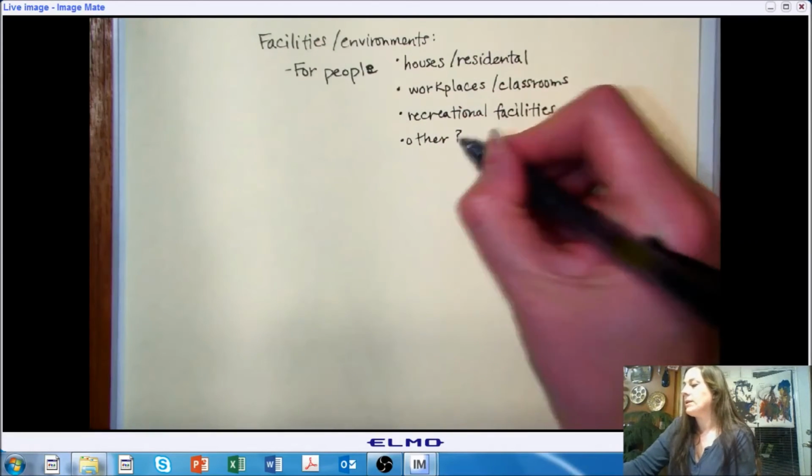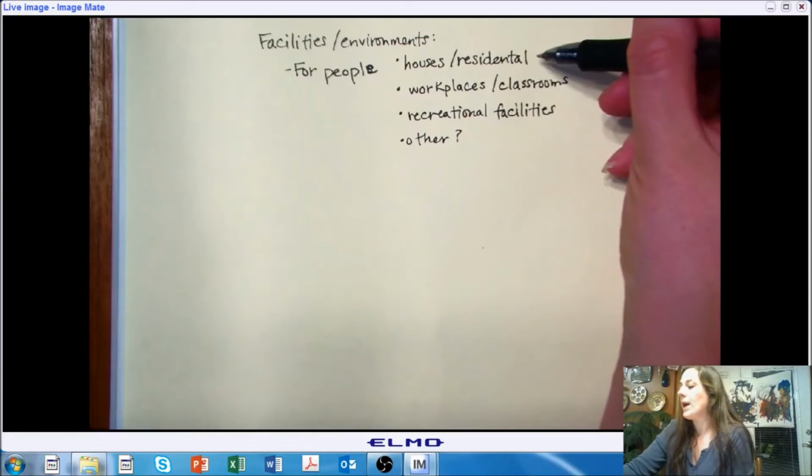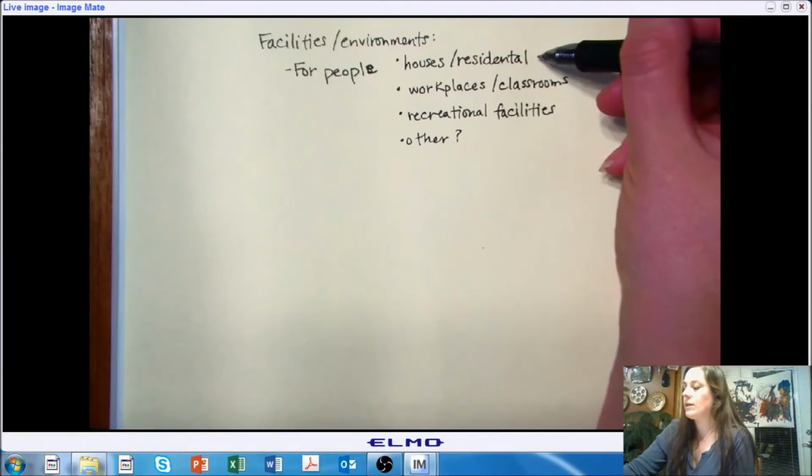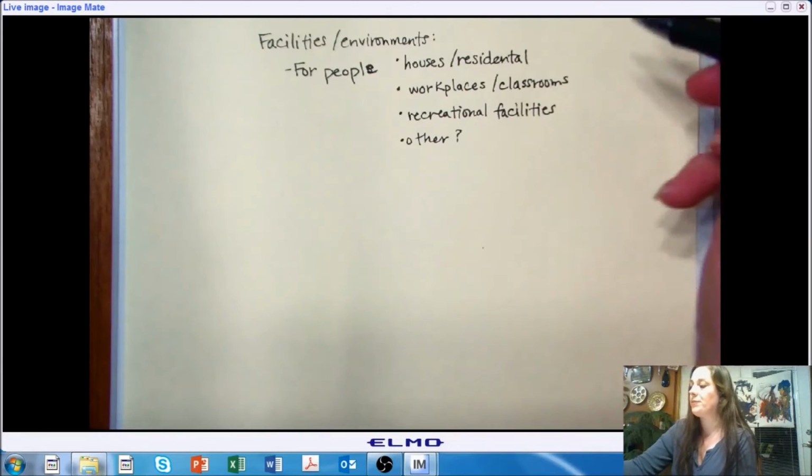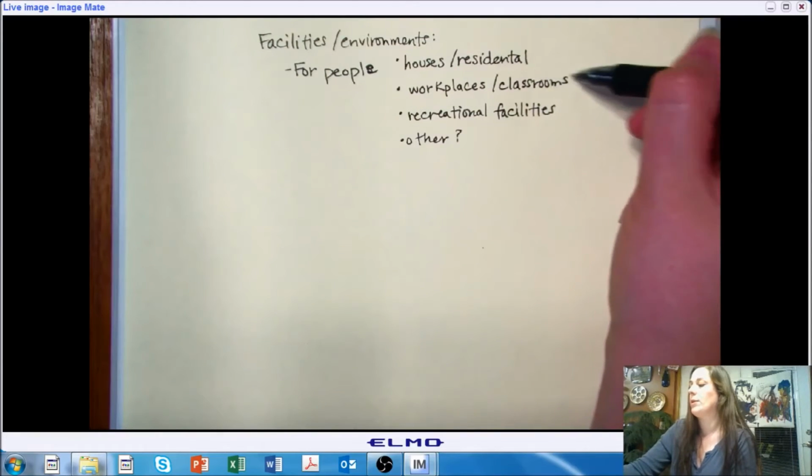And the reason they're broken down like this, if we think about houses and residential, this is relatively low density in terms of the number of occupants, and the activities tend to be pretty sedentary, and even when they're not, the density is low enough that the contributions of the occupant are still relatively small.